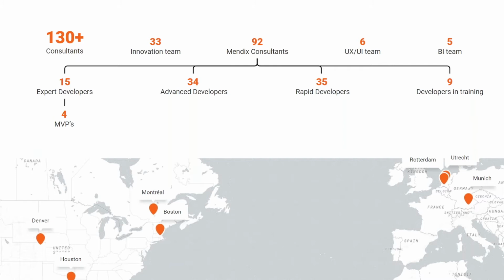We have 4 MVPs, 15 experts, 34 advanced developers, and 35 rapid developers, which might not mean a lot to all of you, but these are certifications that have been granted by Mendix based on their level of expertise. And it's really important to have a high level of certification to provide high quality applications for our customers. So we're really proud of this level of certification.